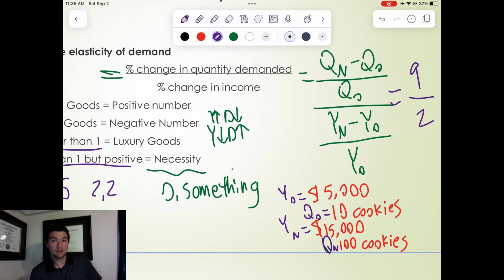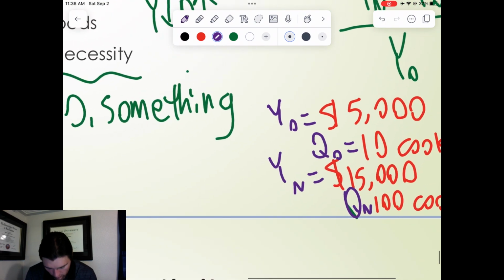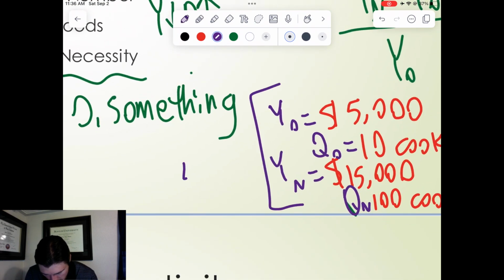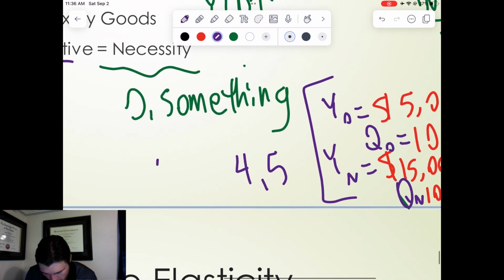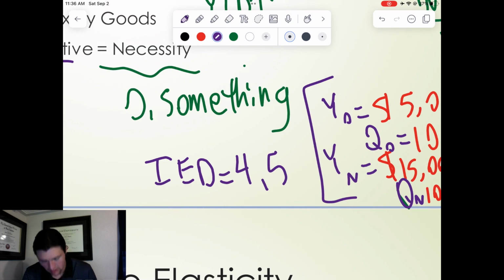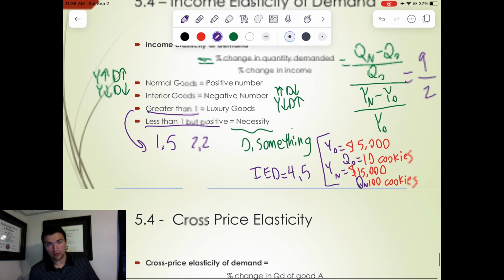Now we have to pay attention here. Is it a positive number or a negative number? If we did everything correctly, it should be a positive number. So 9 divided by 2 should be 4.5. So if you're following along, we should have got an income elasticity of demand of 4.5.